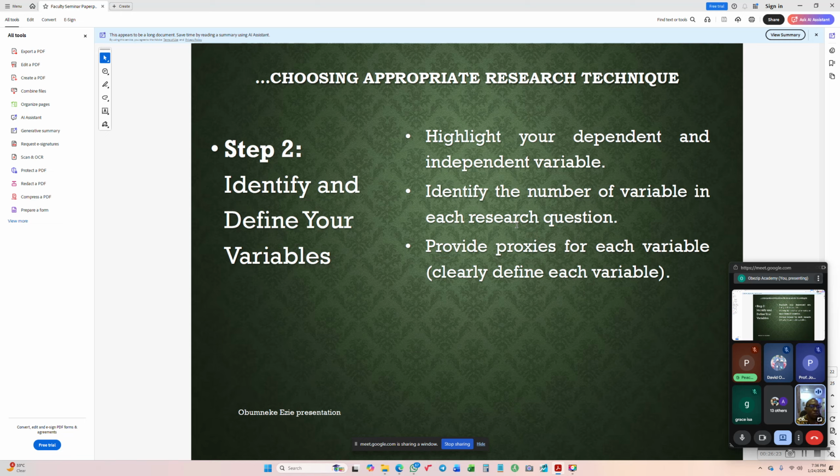So you need to identify, amongst your research questions, do we have a dependent variable? Do we have an independent variable? And if we do, how many independent variables are in each research question, and what are the proxies that one can actually use? And remember, it is the proxies of your variables that are expected to appear in each of your research questions, as the case may be.